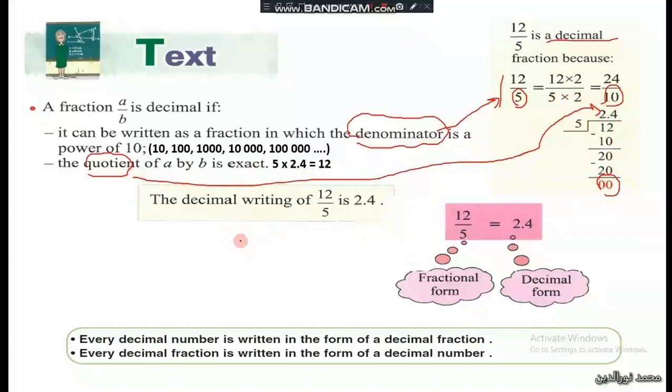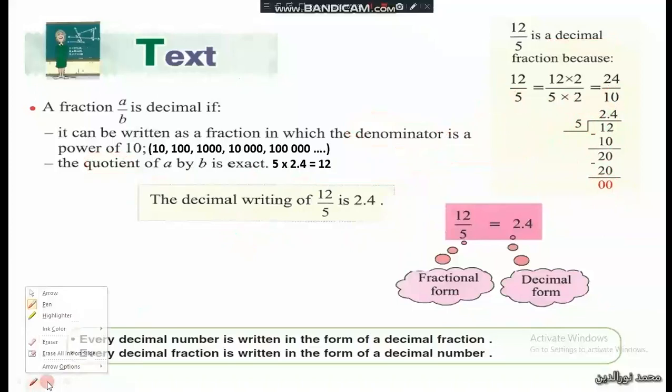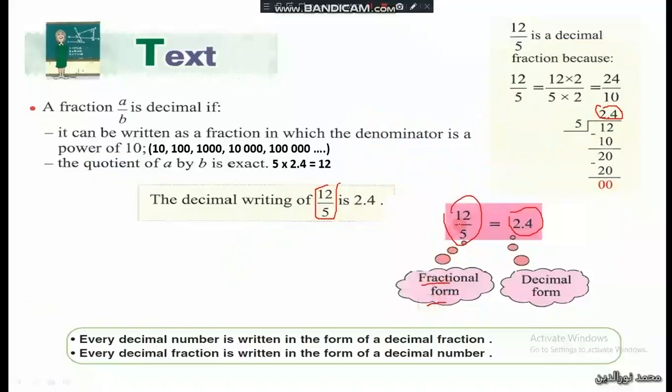So the decimal writing of this fraction 12 over 5 is 2.4. So 12 over 5 equals 2.4. 12 over 5 is the decimal fraction, and 2.4 is the decimal form.